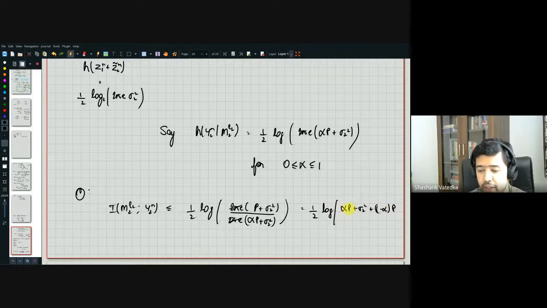I'm just writing p as 1 minus alpha p plus alpha p, plus sigma 2 square, divided by alpha p plus sigma 2 square.